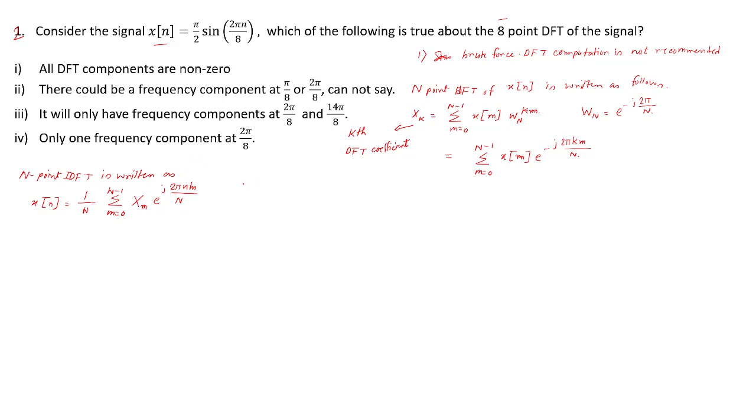In this question we have N equal to 8, so your x[n] can therefore be written like this: 1/8, m runs from 0 to 7, with no minus sign there.